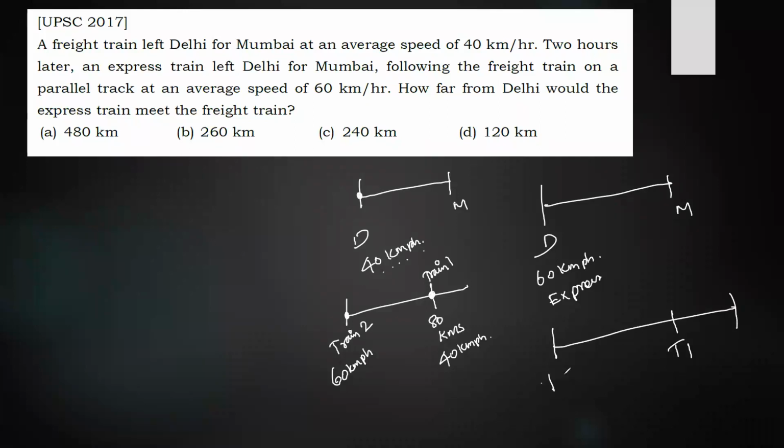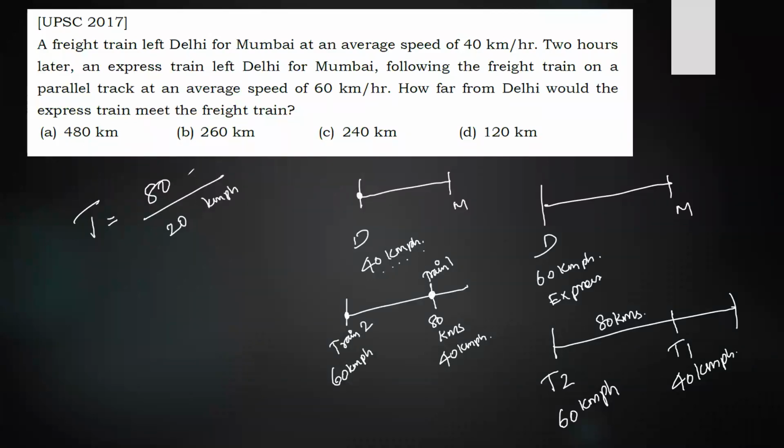Pradeep. Okay. So train 1 travels 2 hours before train 2 starts. So his speed is 40 kilometer per hour, right? So for 2 hours, it travels 80 kilometers. So initially, the train 1 here, train 2 here, initial distance between them is 80 kilometers.